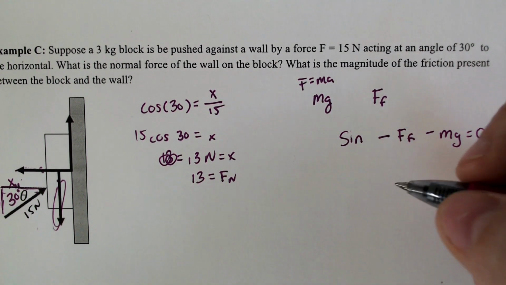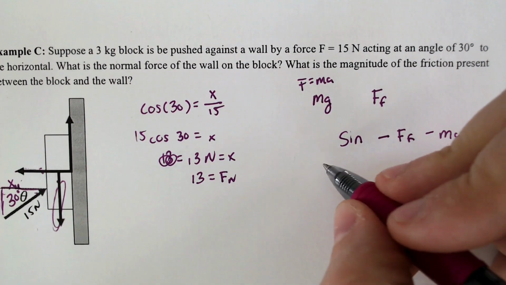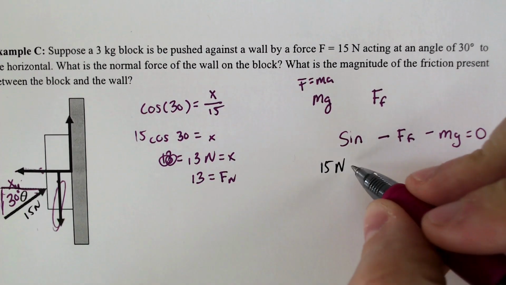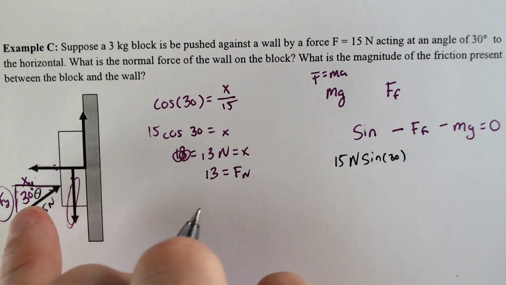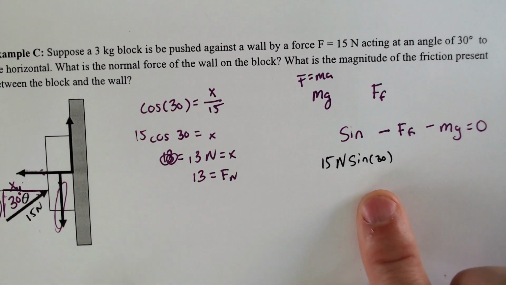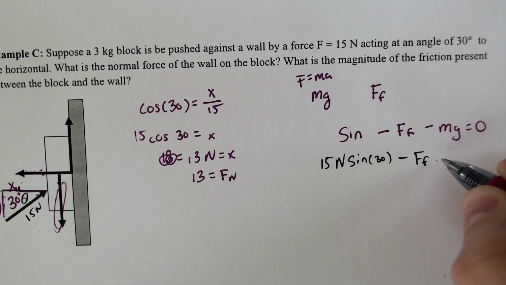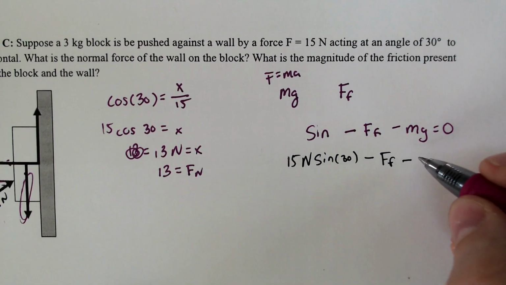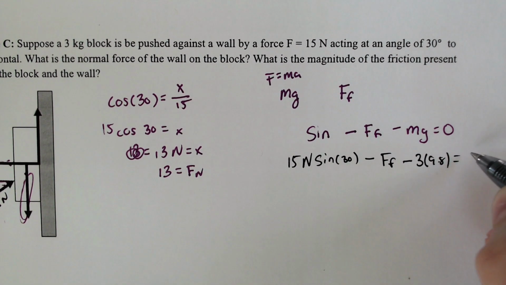Sine is going to be 15 newtons sine of 30, because we got 15 here, and opposite over hypotenuse gives us 15 sine 30, minus the force of friction, we don't know that, we're solving for that, minus the gravity, which would be mass, this is a 3 kilogram thing times 9.8, that all must equal 0.